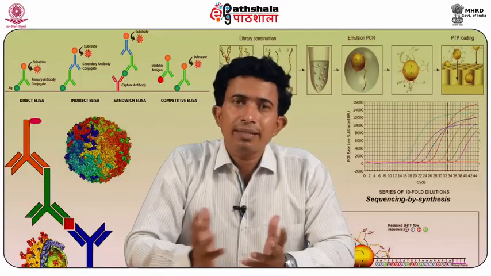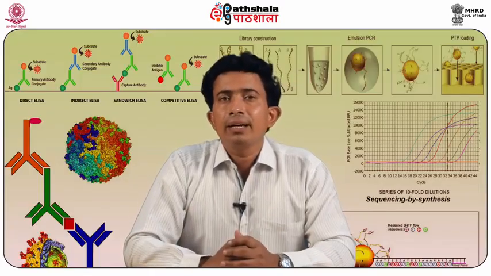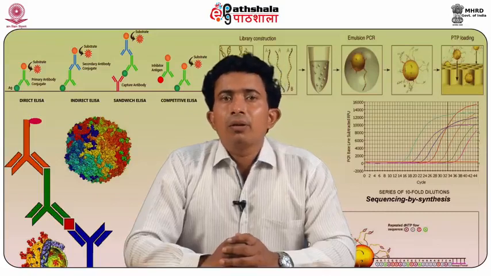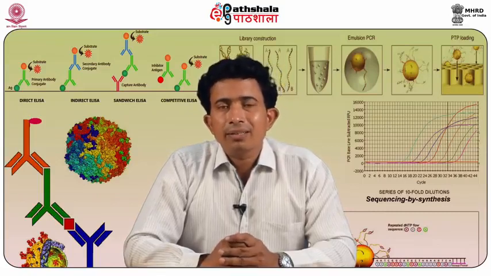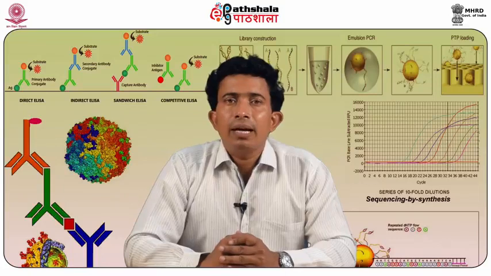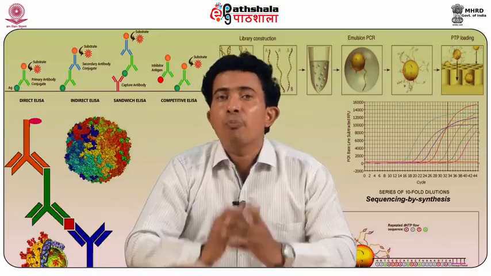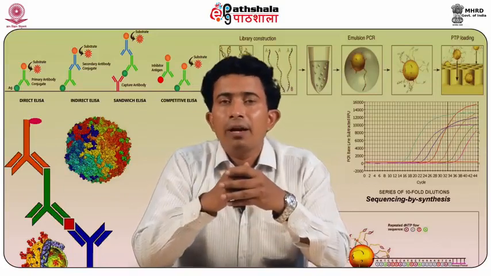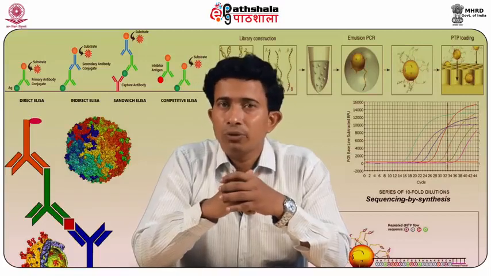In the last, to summarize the module, we can say that the first generation methods, that is Sanger's dideoxy chain termination method and the Maxam and Gilbert method, have paved the way for a very important technology.